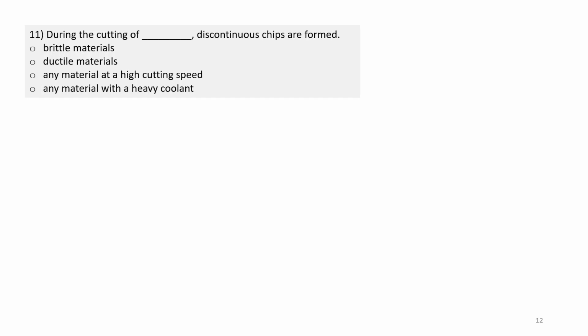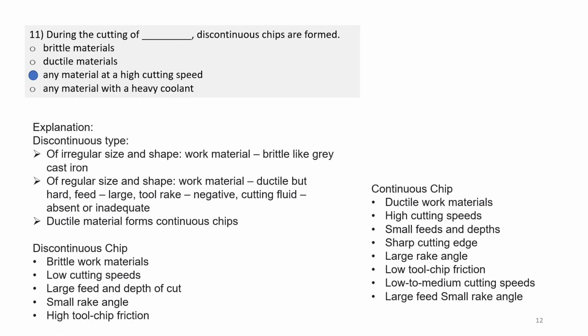You can get discontinuous chips in both brittle and ductile material, and out of these you have to remember which condition is favorable for discontinuous chips. In case of high cutting speed, it is more likely to form discontinuous chips. So the third will be the correct answer. For discontinuous chips, these are the favorable conditions.